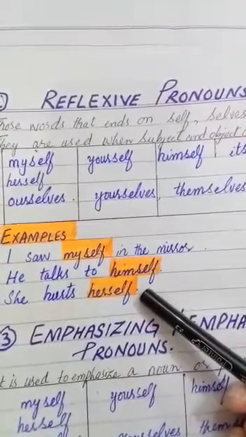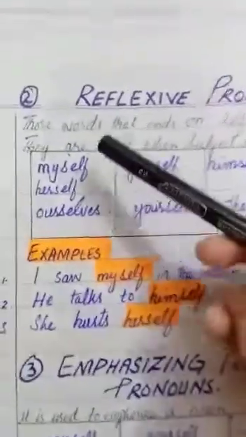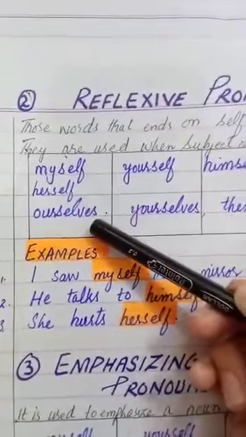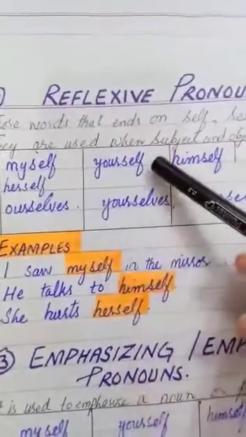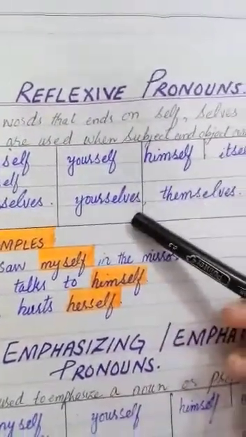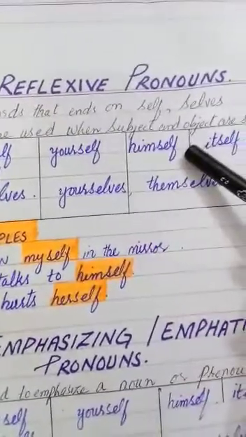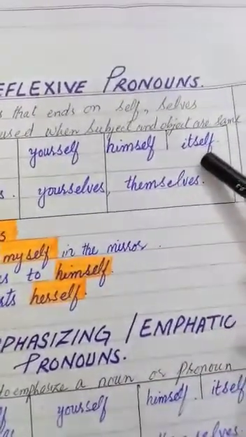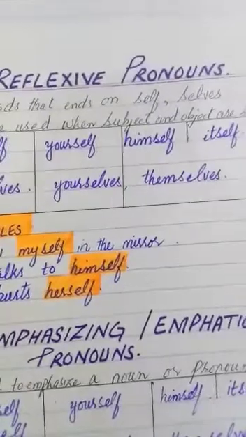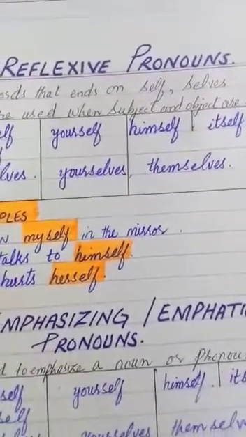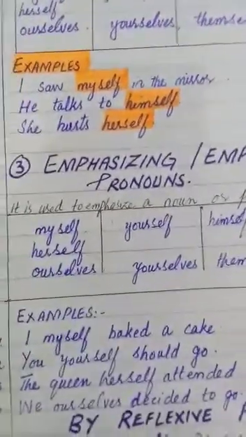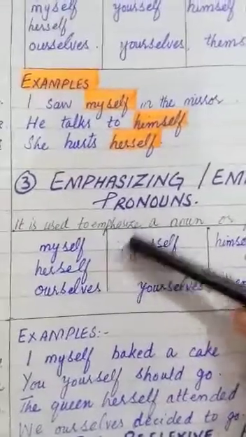And there are myself, herself, in plural we will use ourselves, yourself for singular, yourselves for plural, himself for singular, themselves for plural, and itself for non-living things. Similarly, there is another use of these self and selves pronouns.